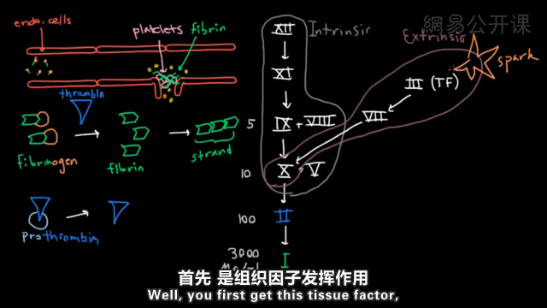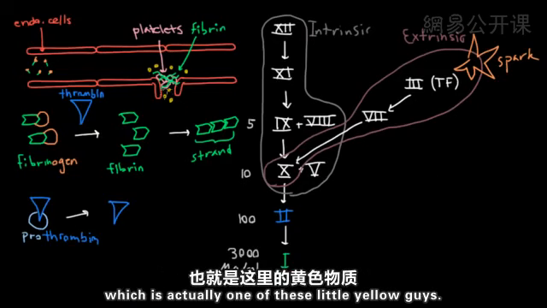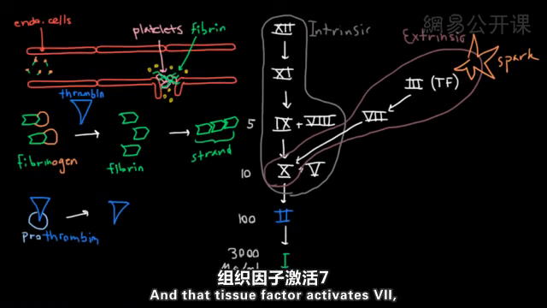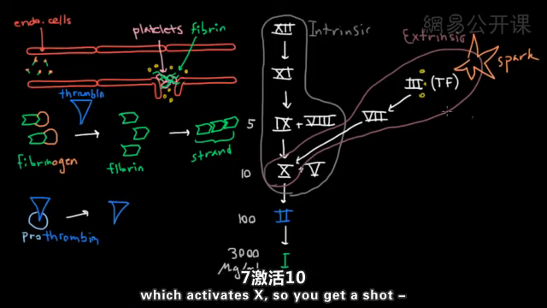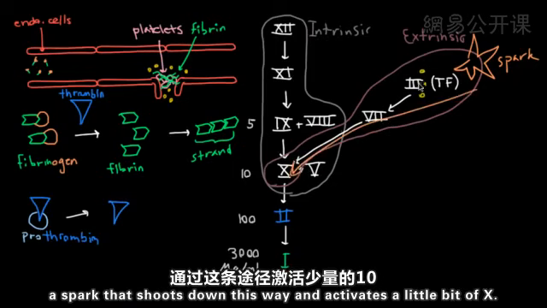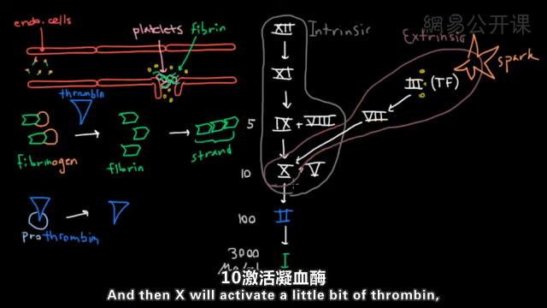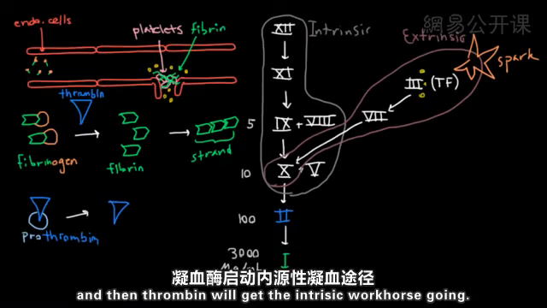Well, you first get this tissue factor, which is actually one of these little yellow guys. And that tissue factor activates 7, which activates a little 10, so you get a shot, a spark that shoots down this way and activates a little bit of 10, and then 10 will activate a little bit of thrombin, and then thrombin will get the intrinsic workhorse going.